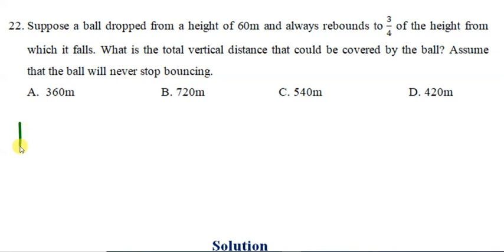Here our h, the height from which the ball falls, is 60 meters, and our r in this case, the rate at which the ball rebounds each time, is 3/4, as you can see, 3/4 times the distance from which it falls.